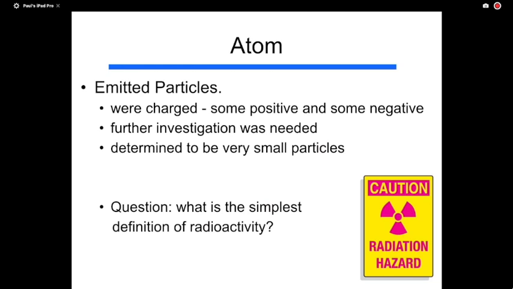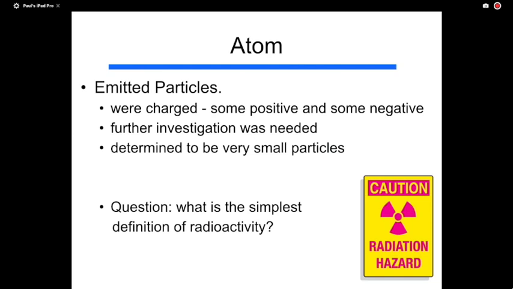So if we thought about it for a while, we discovered, okay, the atom must have little things inside of it, some of them positive, some of them negative, but when it's together, it should be all equal, the number of positives and the number of negatives, to create the atom, because the atom by itself is neutral.